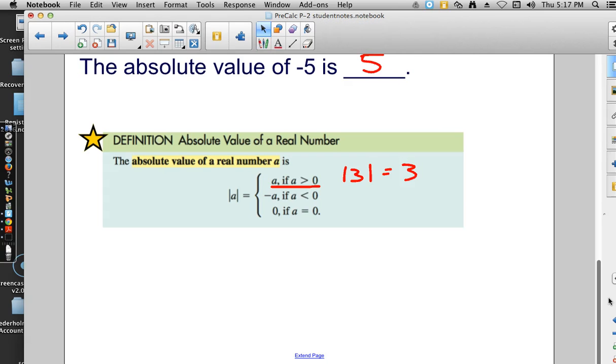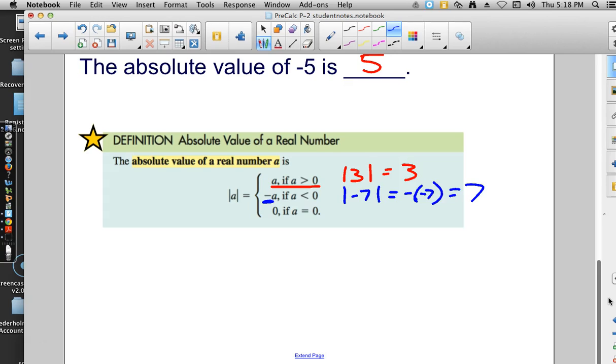However, the absolute value of a, if a is negative, like this little -7 I have here, is not going to pop out as a -7. You can see how putting another negative in front of that would give you what you want. The negative of -7, and that of course would be 7.